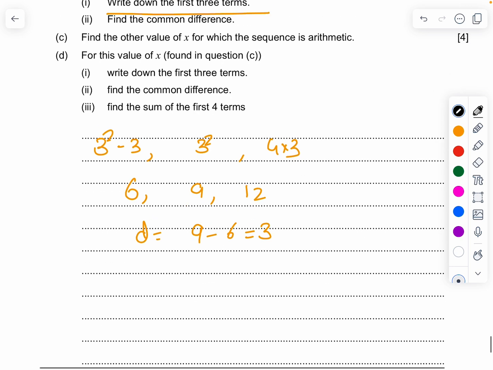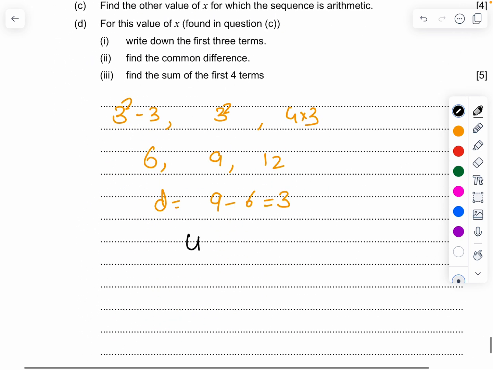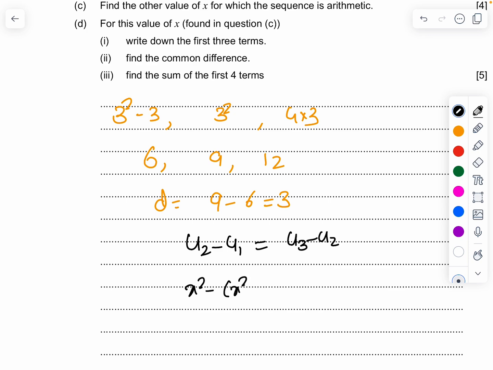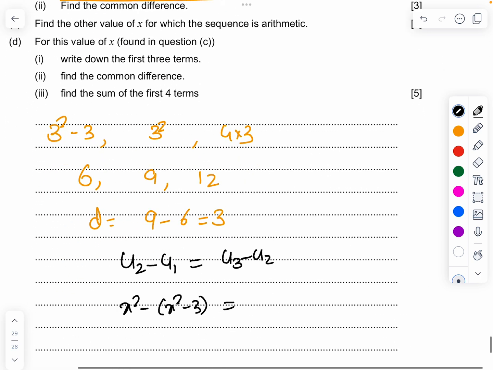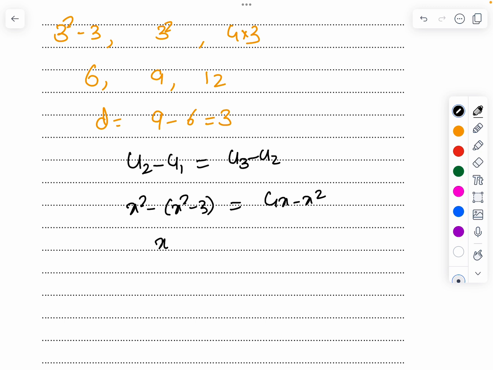So, if it is arithmetic, second term minus first term should equal third term minus second term. So, x square minus (x square minus 3) should equal third term minus second term, 4x minus x square. So, x square minus x square plus 3 equals 4x minus x square.